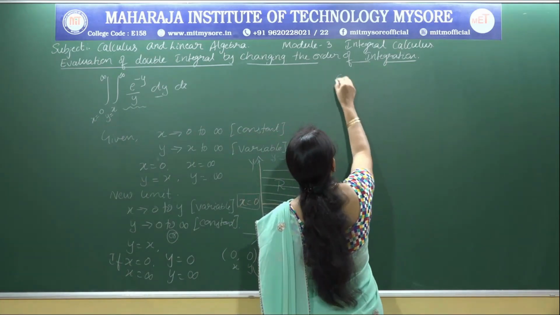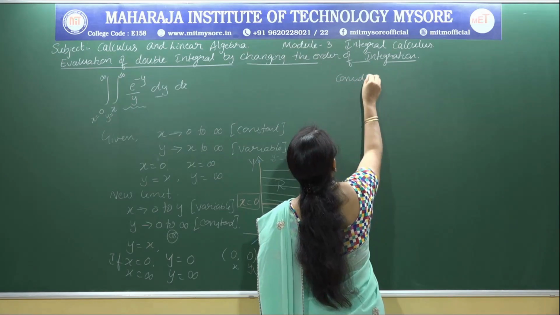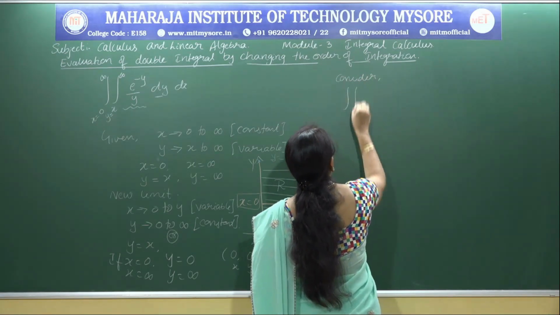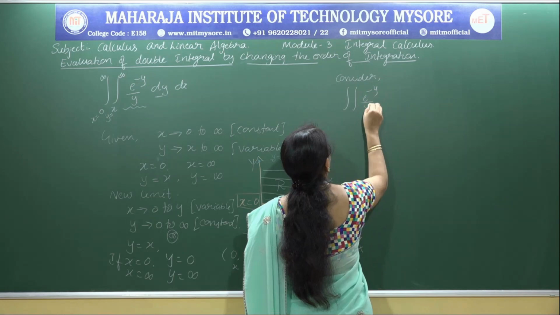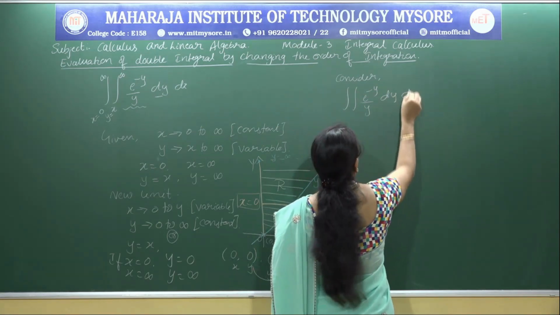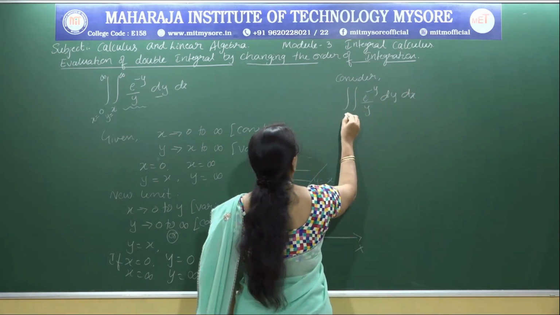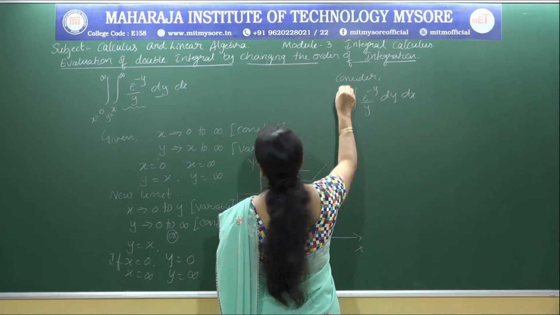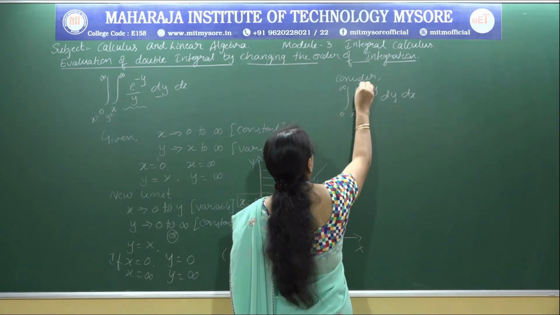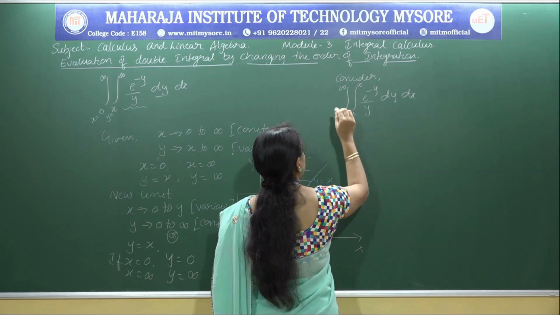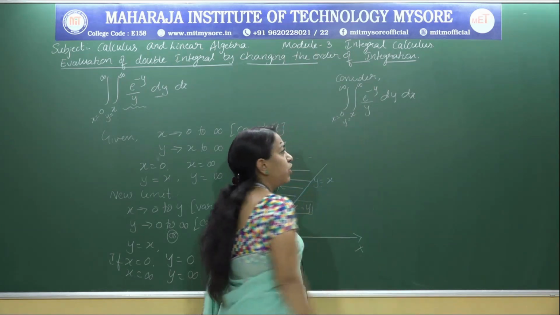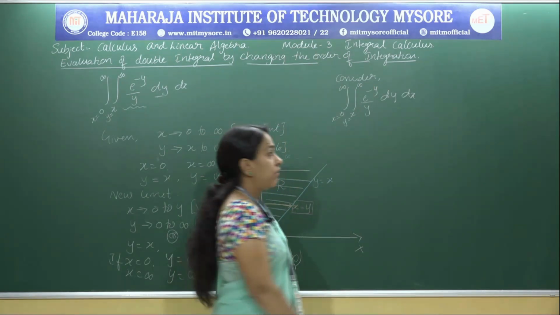So, consider the given double integral of e to the power of minus y by y, dy dx, between the limits 0 to infinity and x to infinity. So, here y varies from x to infinity and x varies from 0 to infinity. That is our given problem.